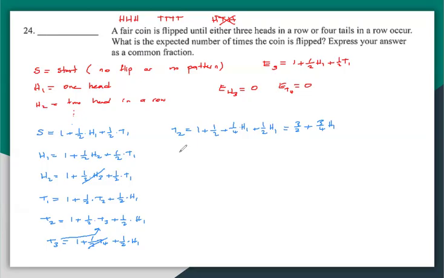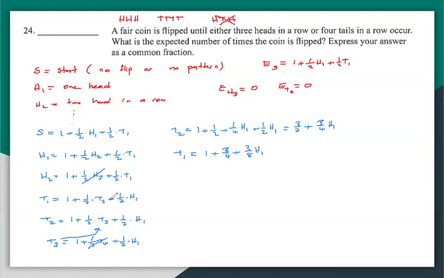Now I'd like to get everything in terms of H1 if possible. So now replace T2 into T1, because T1 has T2 and H1. That will be 1 plus 1/2 times T2. If I multiply this by 1/2, you will get 3/4 plus 3/8 H1.